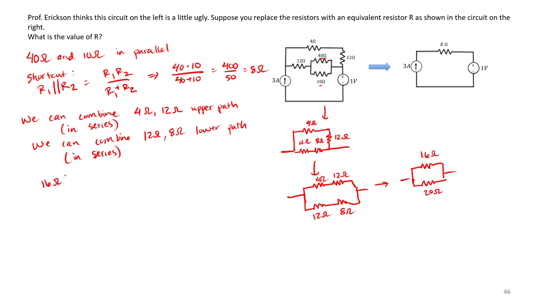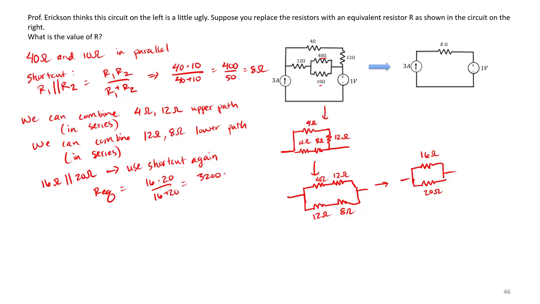So if we have a 16 ohm in parallel with a 20 ohm resistor, well, we can once again use the shortcut. It will be 16 times 20, because 16 is parallel with 20, over 16 plus 20.